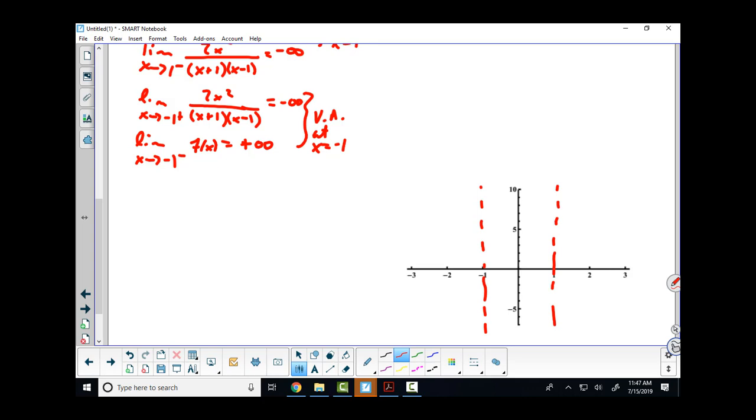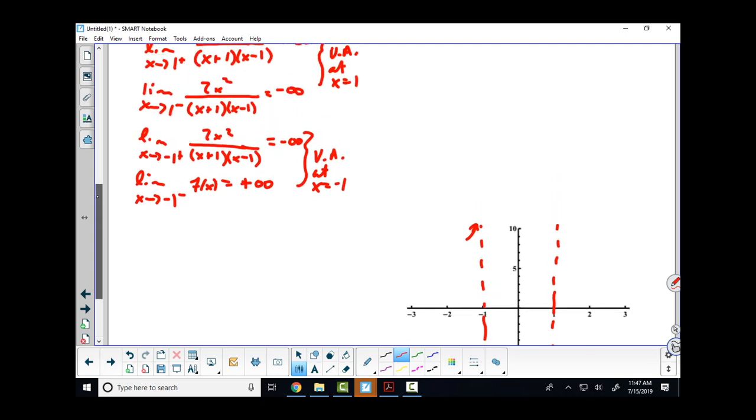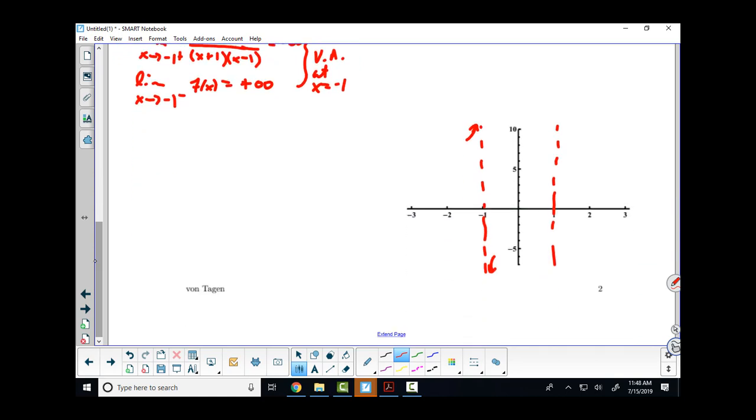All right, so anyway, we said as we approach negative 1 from the left, we're approaching positive infinity. And as we approach negative 1 from the right, we're approaching negative infinity. And as we were approaching 1 from the left, we were approaching negative infinity.